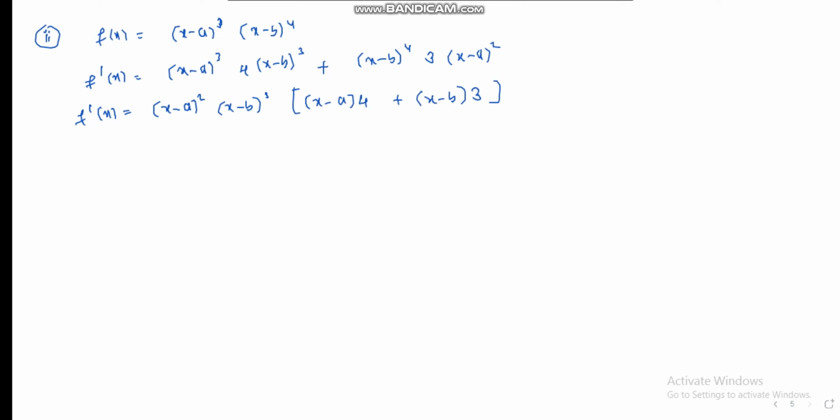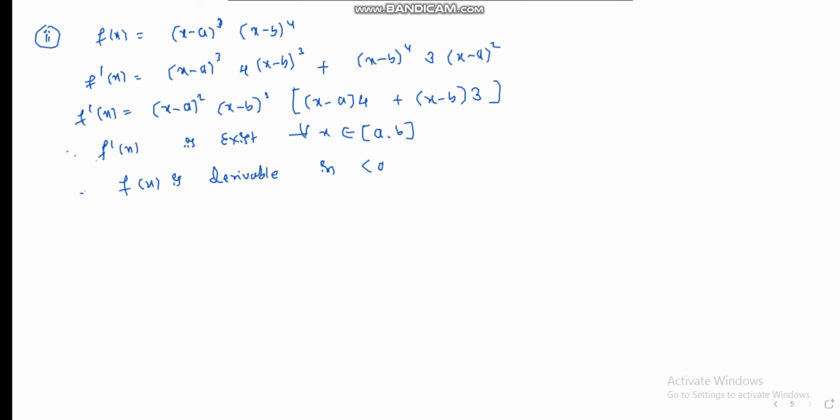Therefore we can say that f dash of x exists for all x belonging to the closed interval a comma b. Therefore f of x is derivable in a comma b.